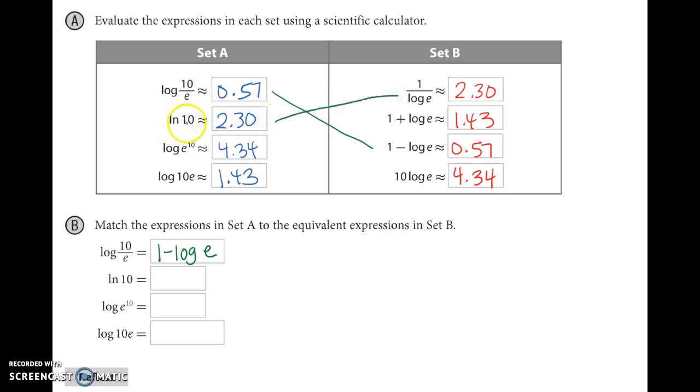So ln 10 is equal to 1 divided by log e. And the 4.34 matches this one. So this one is 10 log e. And the last one, 1.43, matches with this one, and that's 1 plus log e.